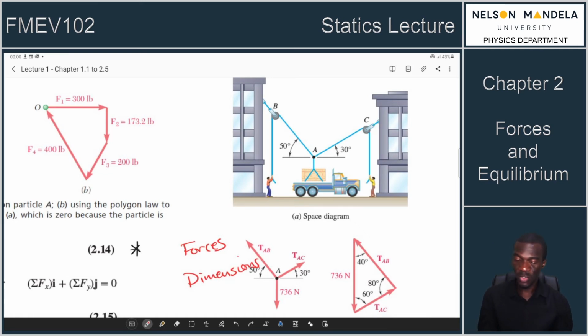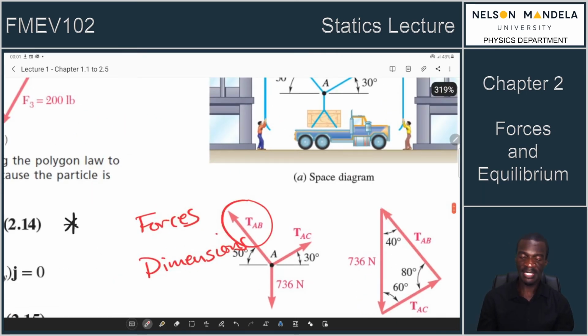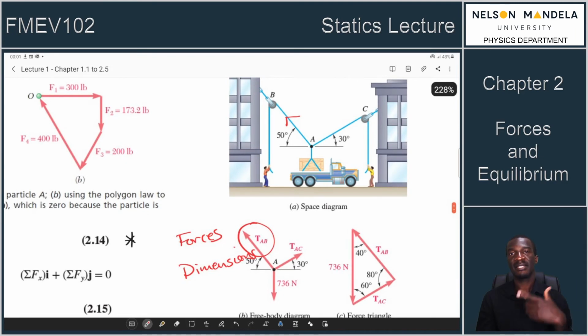An example is shown here. We've got a point A, which is the junction at which the ropes are connected. We've got a pulley B, and there is a cable or rope that is connecting points A and B. So this textbook gives it a name, T for tension, AB for the points at which that tension is acting.